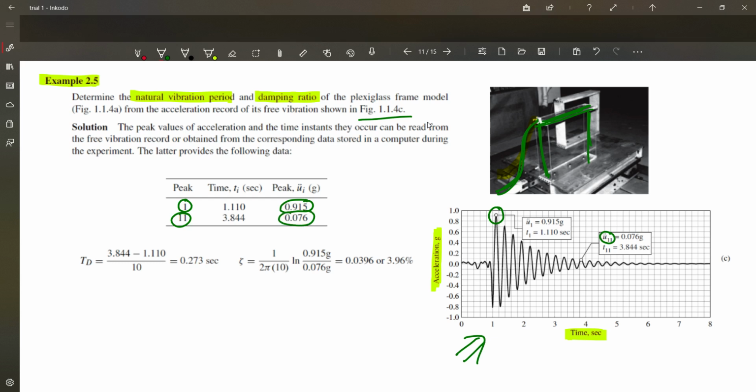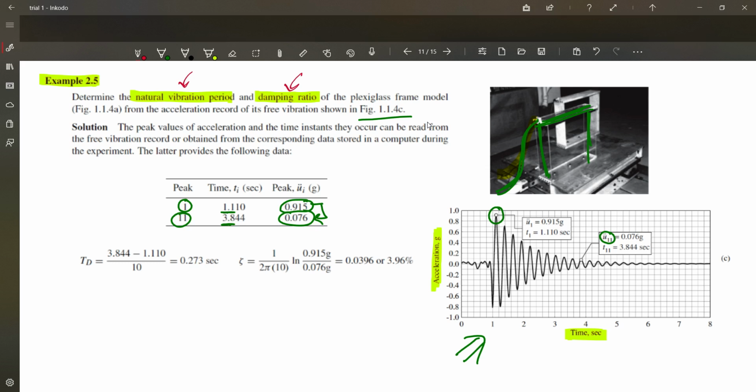The time here was 1.1, and here the time was 3.8. I mean that after almost 2.7 seconds we went from 0.9 to 0.07. Now what do we want to get? Again, they want the natural vibration period and the damping ratio.